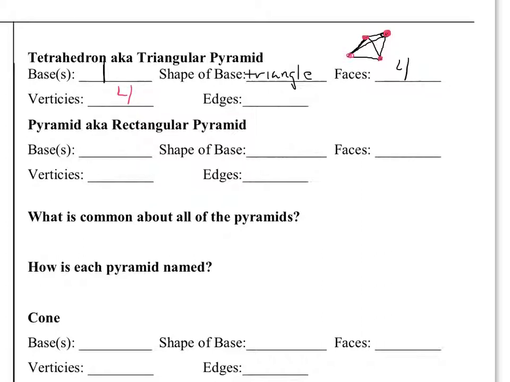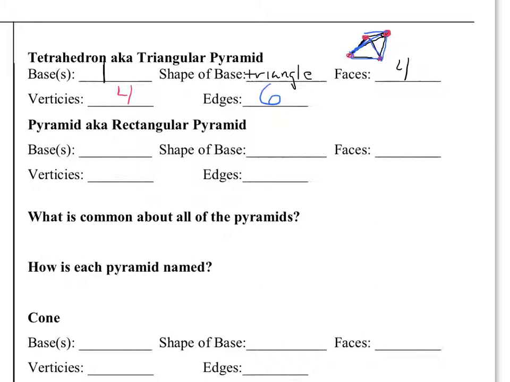My edges are again those lines that I drew to make it. So I drew my base, and that was 1, 2, 3. And then connected, I went 4, 5, and 6. All right, so there are 6 edges. So that is a triangular pyramid.